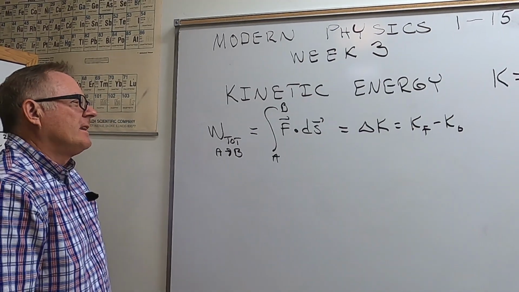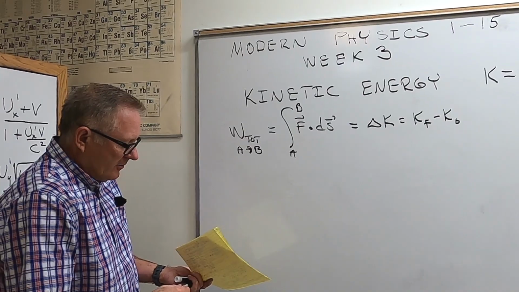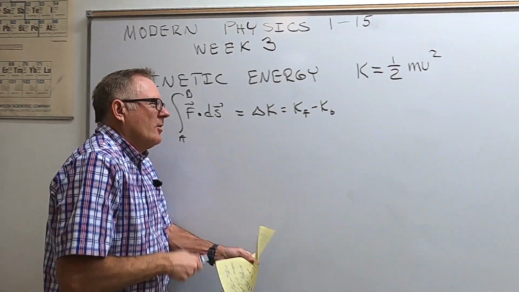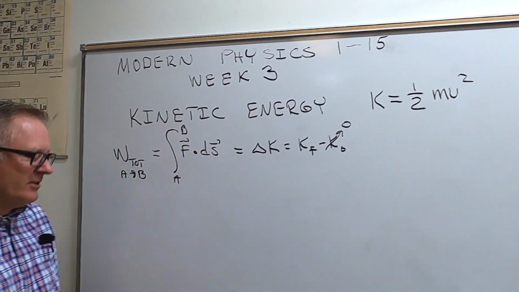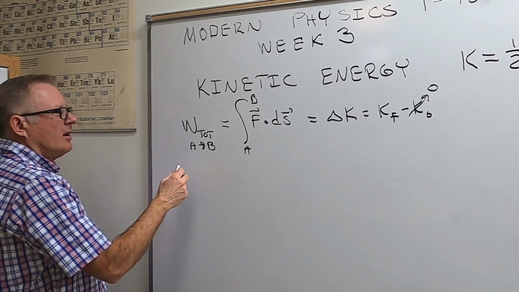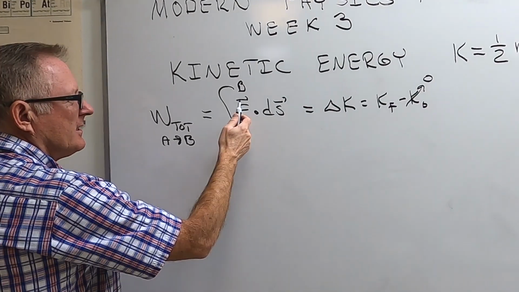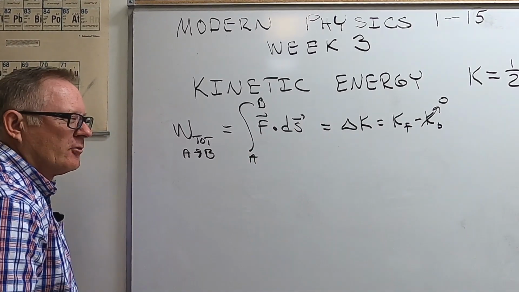Okay, well, let's just say the object, whatever we're looking at, starts from rest. So that way we can get rid of the initial term, and we'll just say that's the kinetic energy if you start from rest. And let's also, just to make life a little simpler, make F and ds in the same direction.